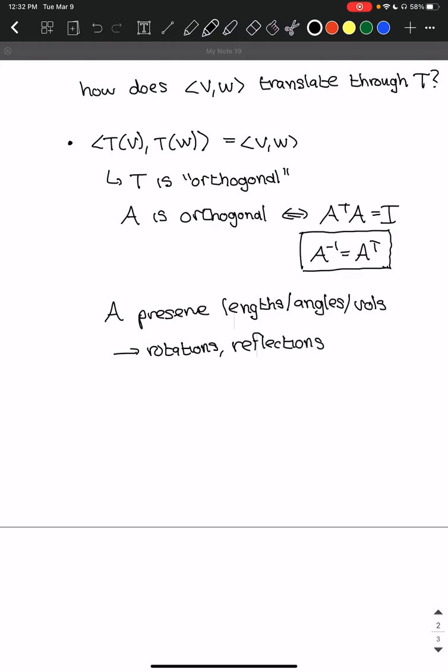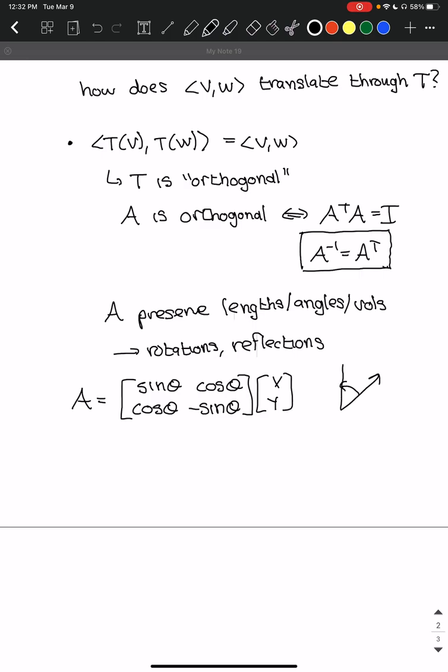So you see something like this. I don't quite remember it, but you have sine of theta, cosine of theta, cosine of theta, and minus sine of theta. If I let that be A, essentially I can multiply this by x and y, and you get some sort of rotation of my vector here. So this is v, and this is A times v. It'll rotate by some angle theta.